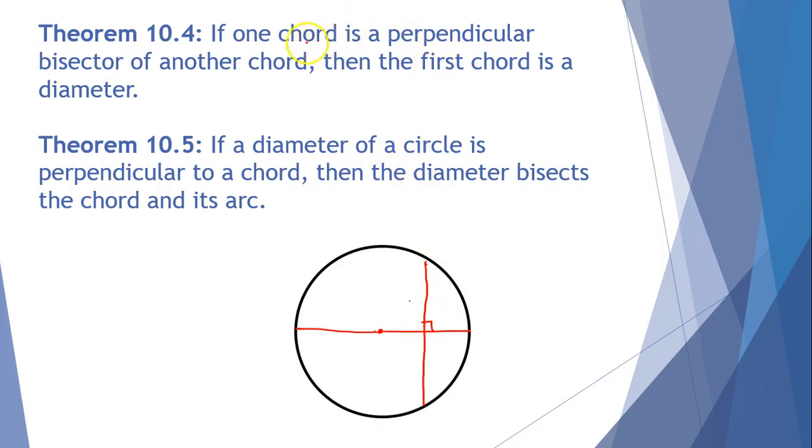So for this first one, it says if one chord is a perpendicular bisector of another chord, then the first chord is the diameter.